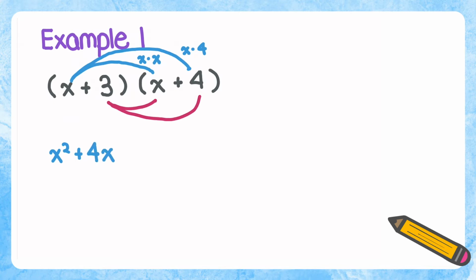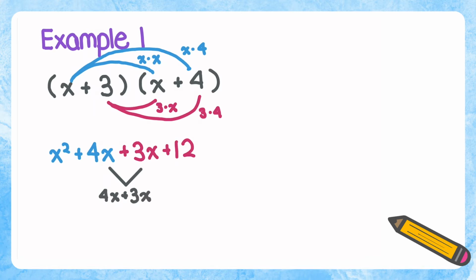And then I'm going to look at how I distributed the 3. So I have 3 times x and 3 times 4. So I'm going to rewrite that, plus 3x plus 12. And if you notice here, now that we've multiplied it out, we notice two linear terms, so we can combine those. 4x plus 3x, that's 7x.